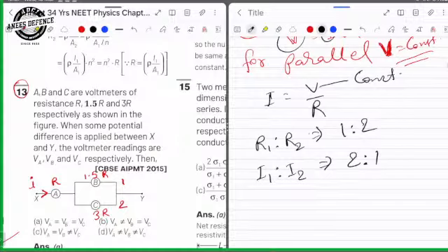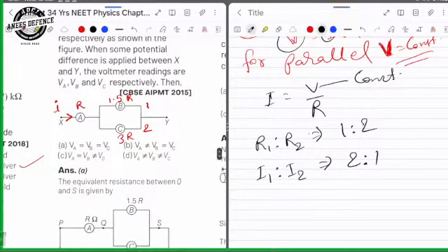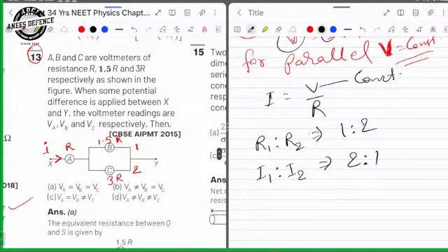So for example, I am taking a value. Just consider any value. I have taken current as 3 ampere. Listen carefully. Why have I taken 3 ampere? Because data is given. Resistance is in which ratio? 1.5R and 3R means 1:2 ratio.